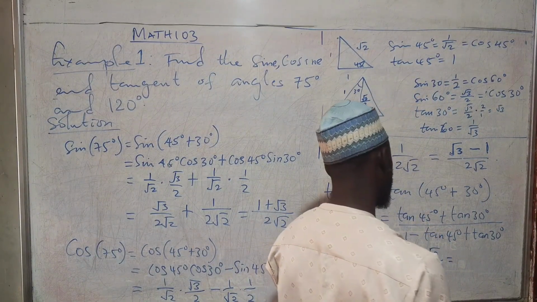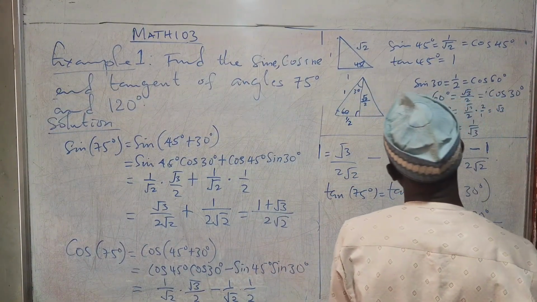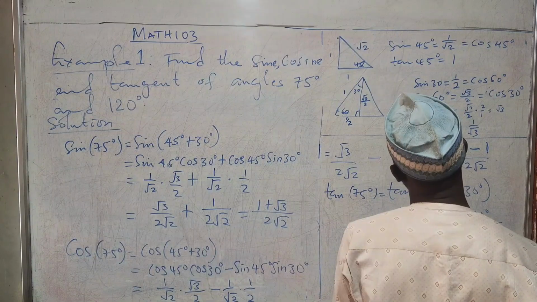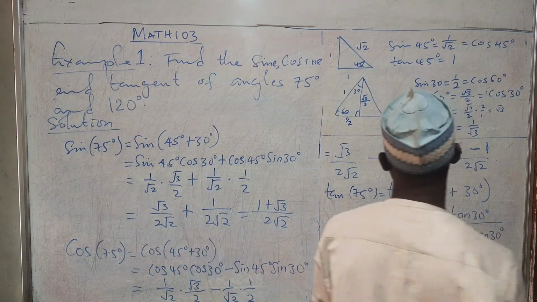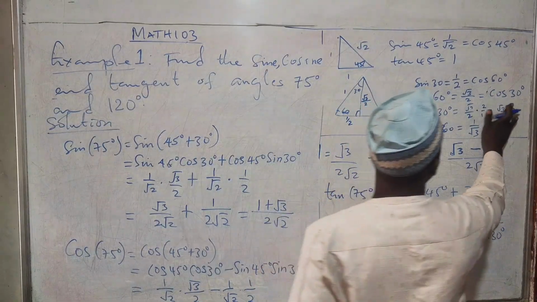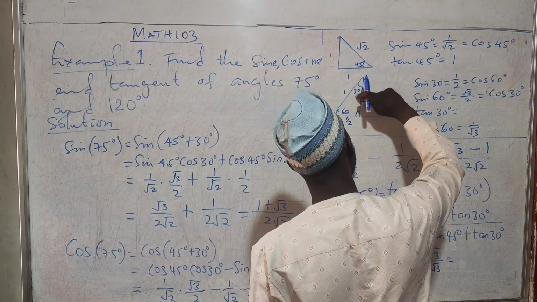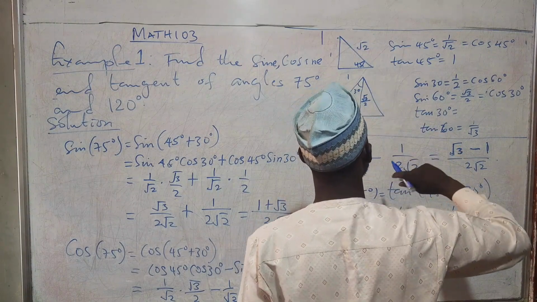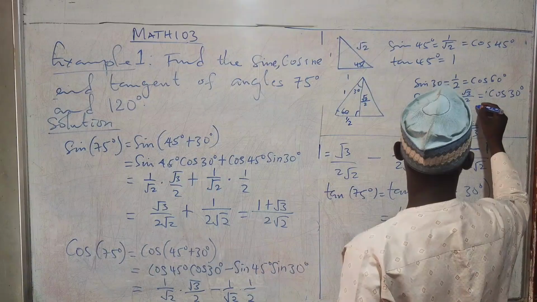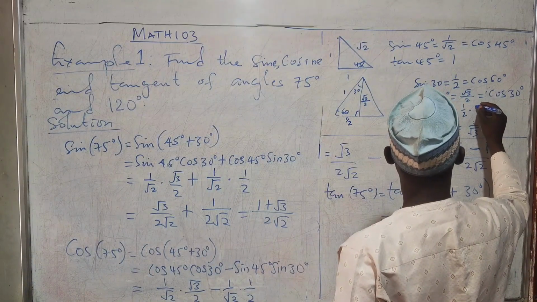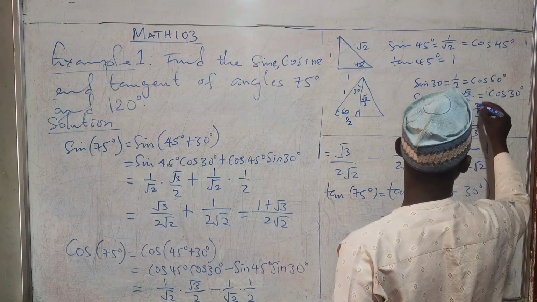That is equal to, tan 30 is opposite over adjacent. Tan 30, there's a mistake here. Tan 30 is opposite of 30 over adjacent. So that is 1 over 2 times 2 over root 3. So you cancel.